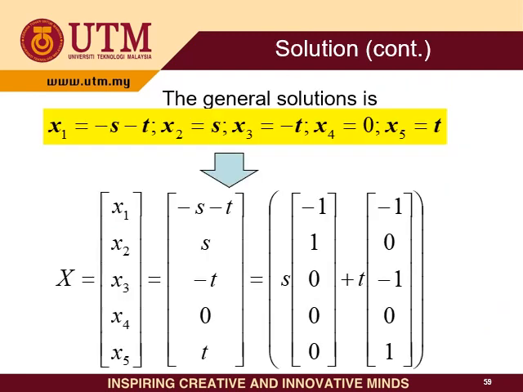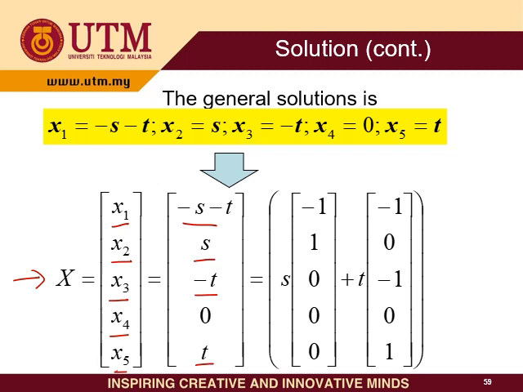Now we continue with writing x in this format, where we have x1, x2, x3, x4 and x5. So based on the previous slide, we have x1 equal to negative s, negative t, x2 is s, x3 is negative t, x4 is 0, x5 is t.